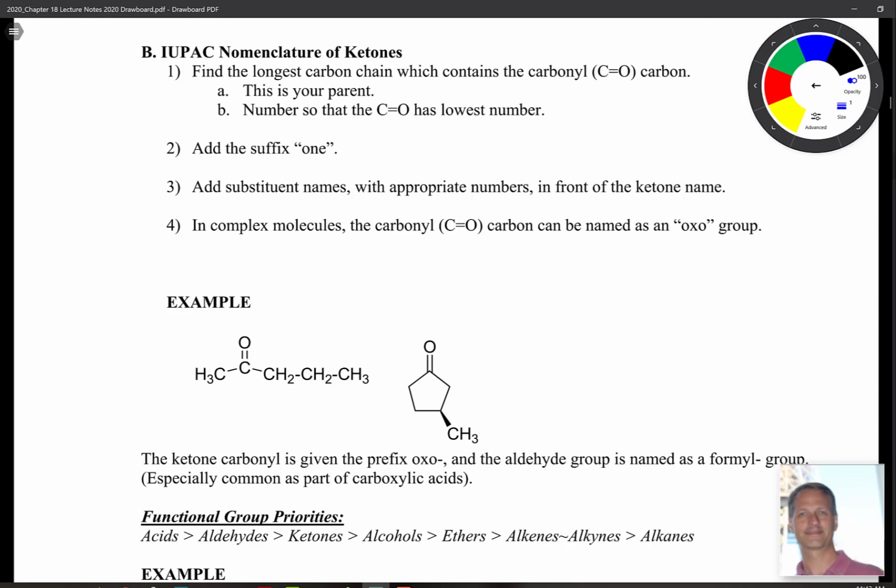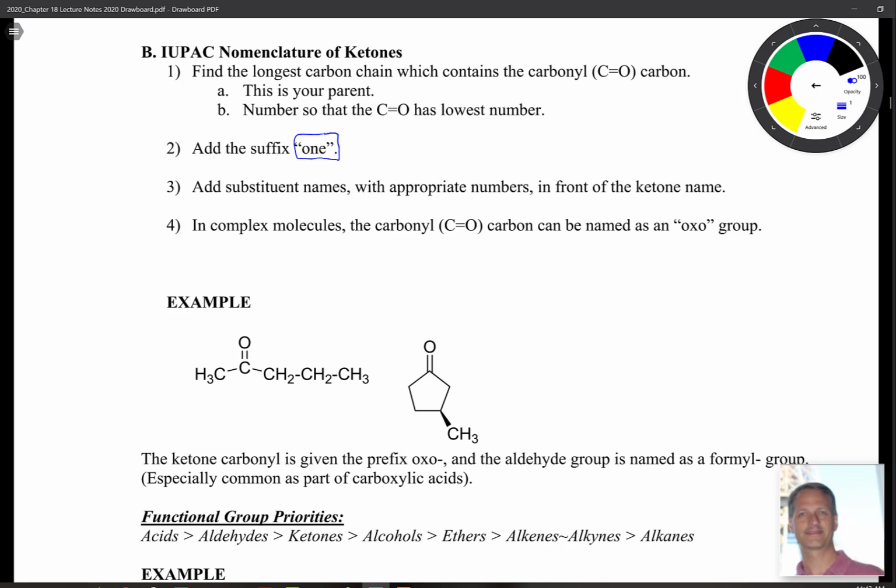Well, let's take a look at ketones now. So ketones, again, pretty straightforward. So again, we find that longest carbon chain that contains that carbonyl group. That's your parent. We number so that the carbonyl gets the lowest possible number. And the suffix that we add here is -one, for ketones. Think of acetone. And then we do all the other stuff.